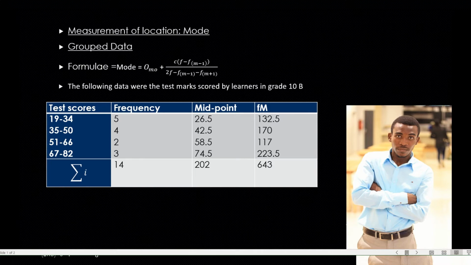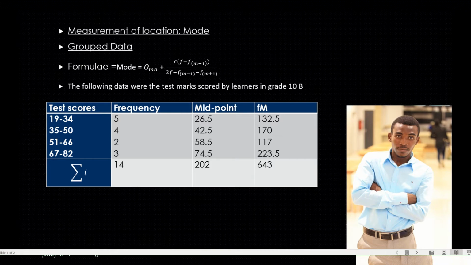And then we have the classes as follows. We have the class of 19 to 34, the class ranging from 35 to 50, the third class ranging from 51 to 66, and the fourth class ranging from 67 to 82.